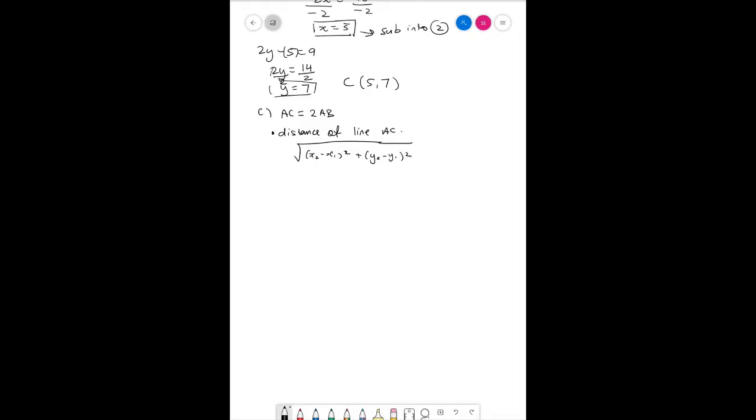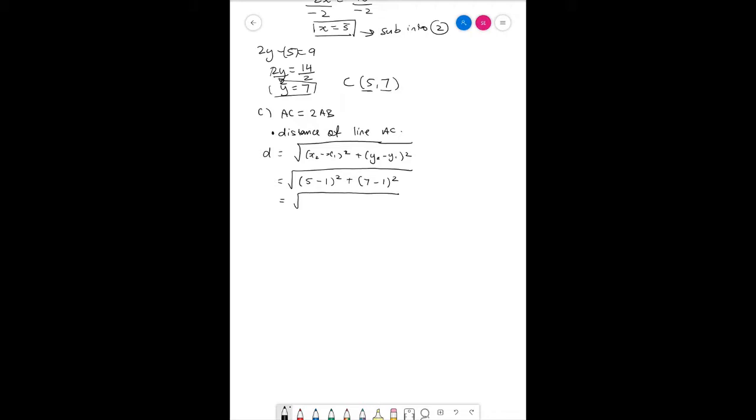So let's figure out AC first. We've got the square root, and we know that the coordinate here is 5, so we'll put 5 in there, and we know for A it's 1. So we'll square that, and then we've got 7 here, and again for A it is 1.